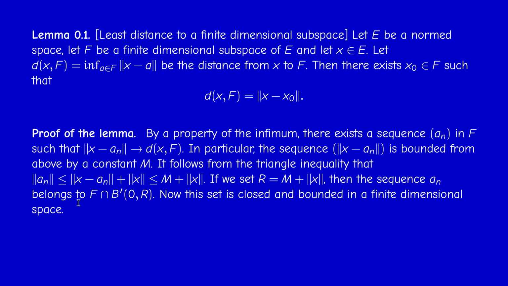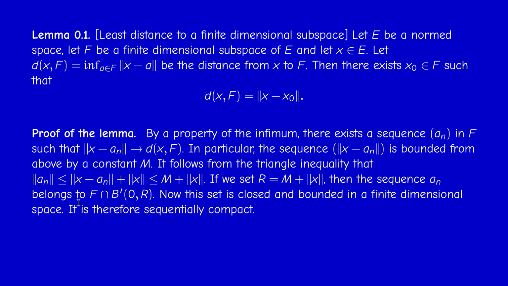So we know that in a finite dimensional space, closed and bounded sets are compact. This is something that we proved in the topology course, and you probably know it from second semester of second year. So if it's compact, then it's sequentially compact.